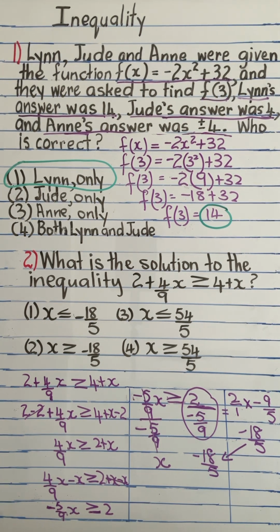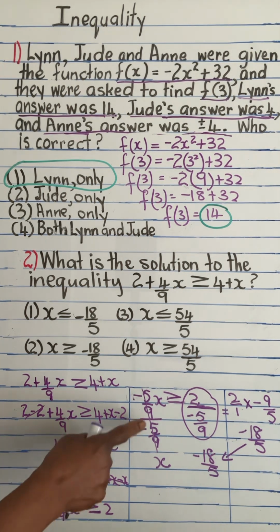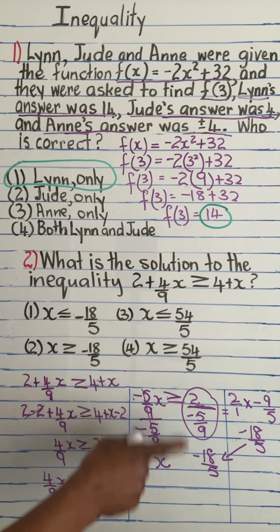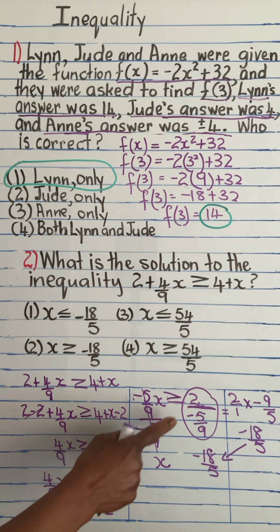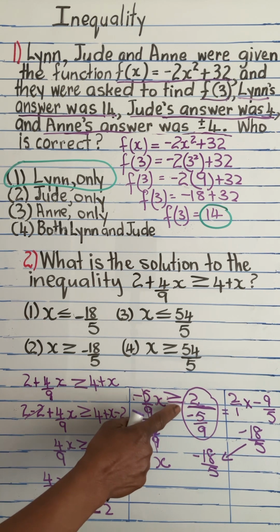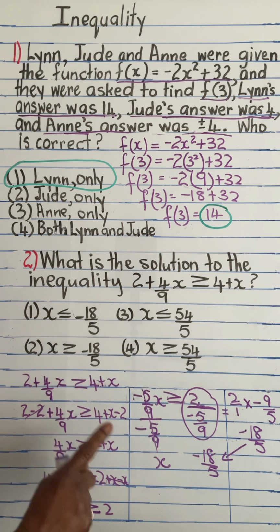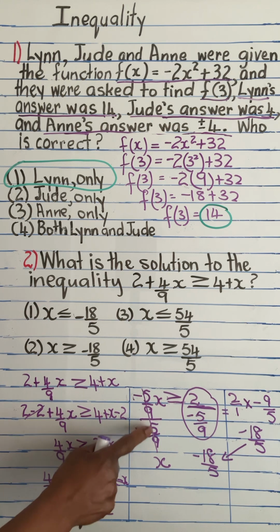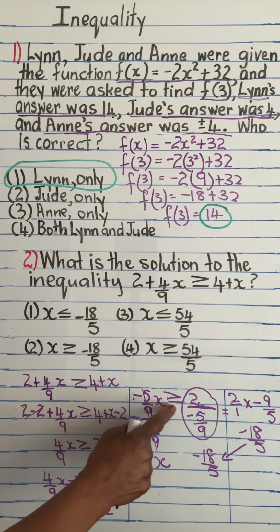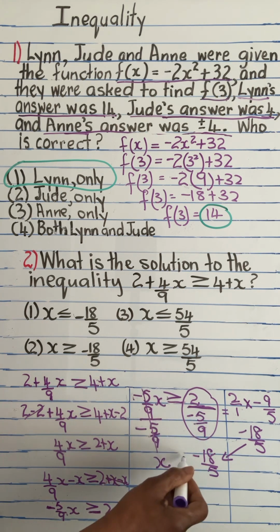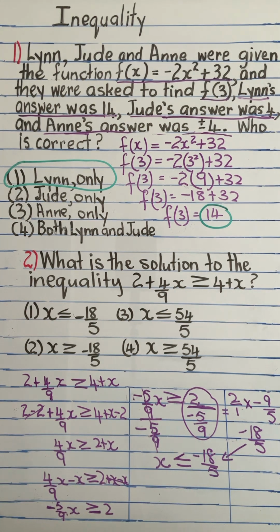And remember, when we are solving an inequality, if we divide or multiply both sides by a negative, then we have to flip the inequality sign. In this case, we divided both sides by negative 5/9. So we're going to flip this sign so it will become less than or equal to.